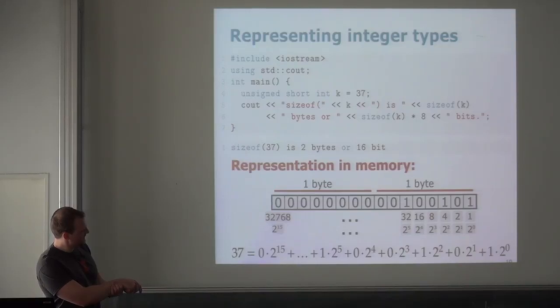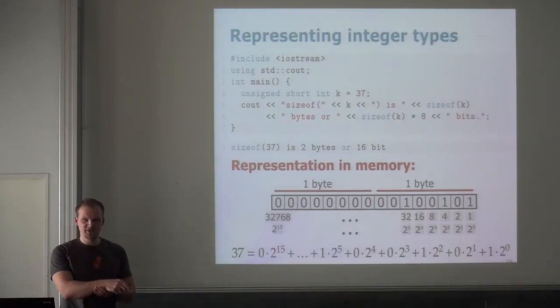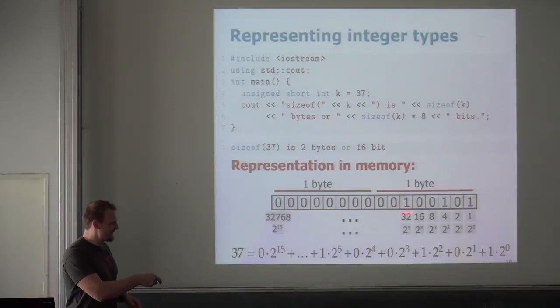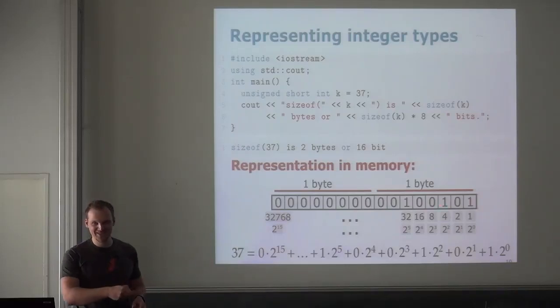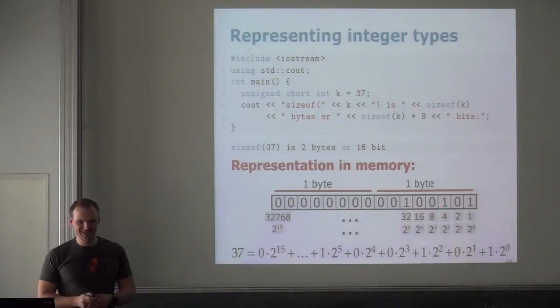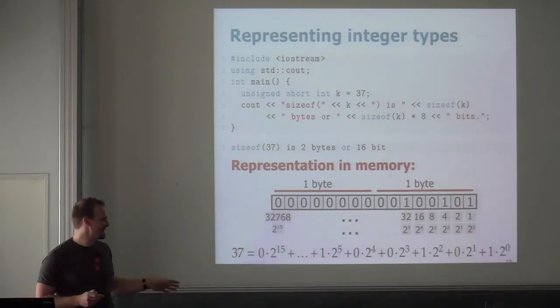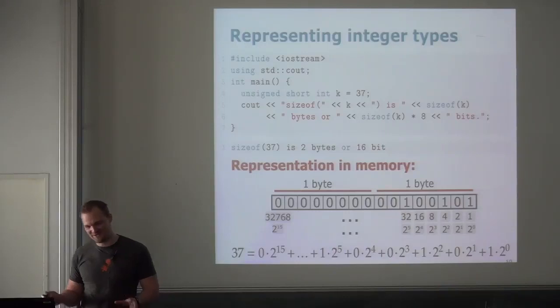I'm not really sure what you're telling now, but what I am sure is that this gives me 32, this gives me 4, and this gives me 1, right? So then 32 plus 4 plus 1 should be 37. But feel free to check that. There might be errors here, but there shouldn't be.